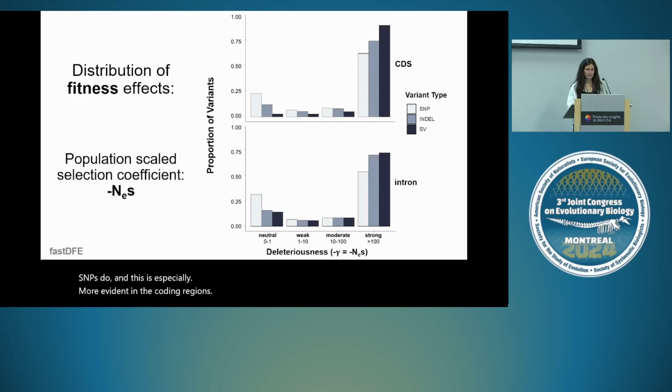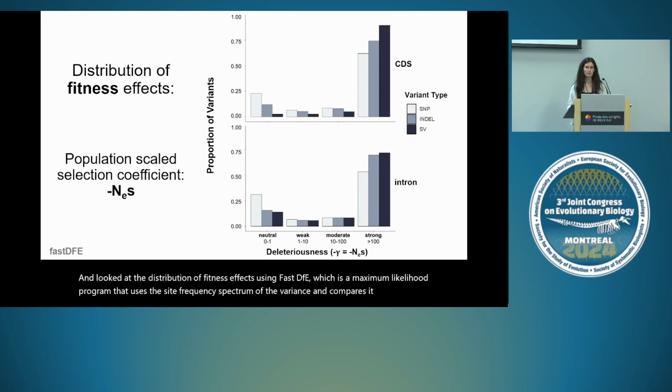Then I looked at the distribution of fitness effects using FastDFE, which is a maximum likelihood program that uses the site frequency spectrum of the variants and compares it to a putatively neutral site frequency spectrum.